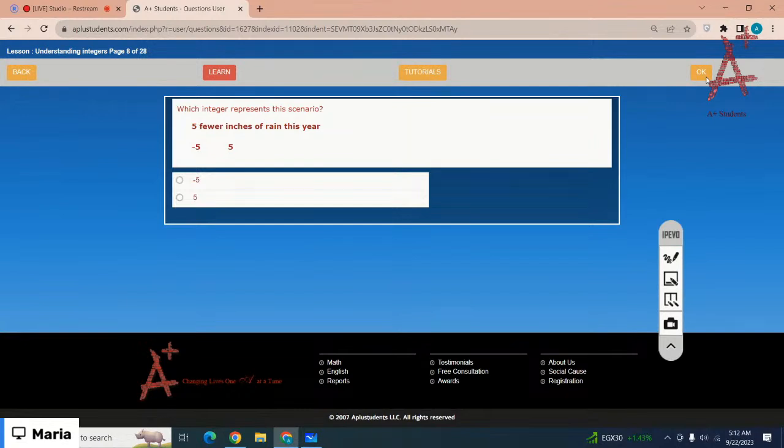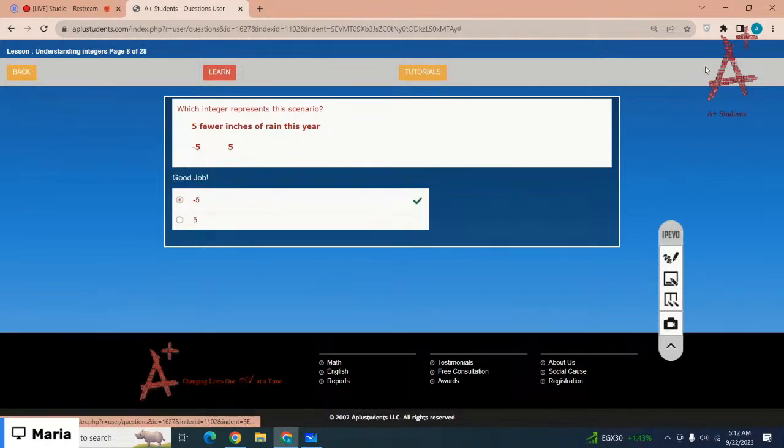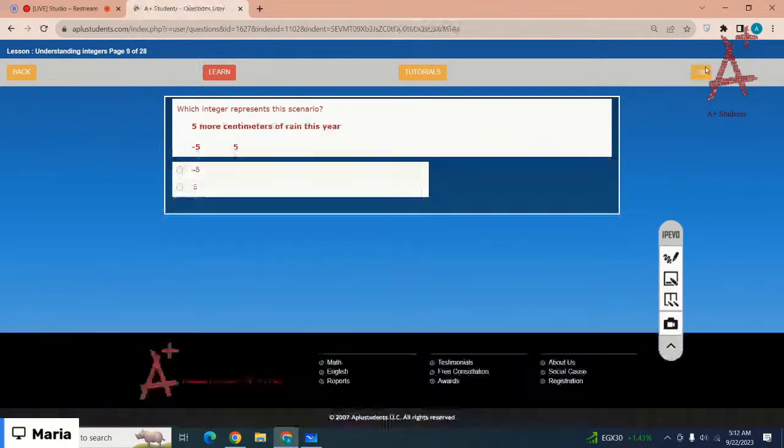Which integer represents the scenario 5 fewer inches of rain this year? Yes, that would be a negative number because that is less than the previous year, so that would be represented by a negative number. Okay, which integer represents the scenario 5 more centimeters of rain this year?